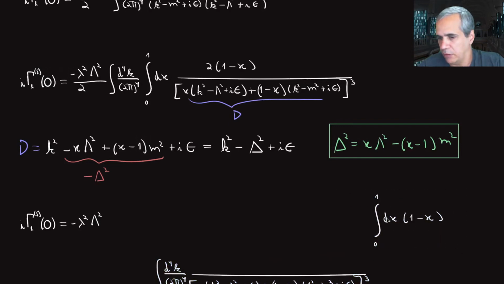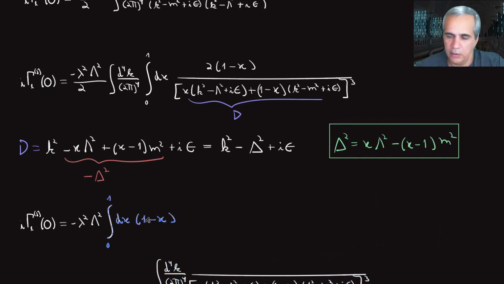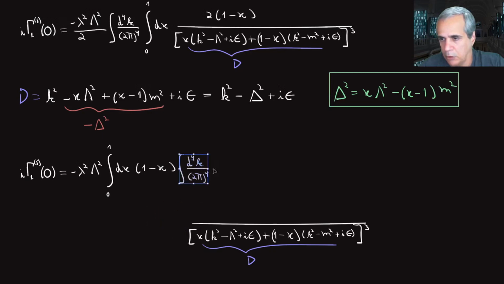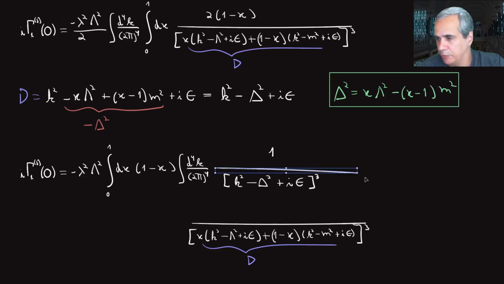So this guy goes here, and then I have this integral of 1 over this, which is this rewritten, right? So it's k squared minus delta square plus i epsilon to the cube.